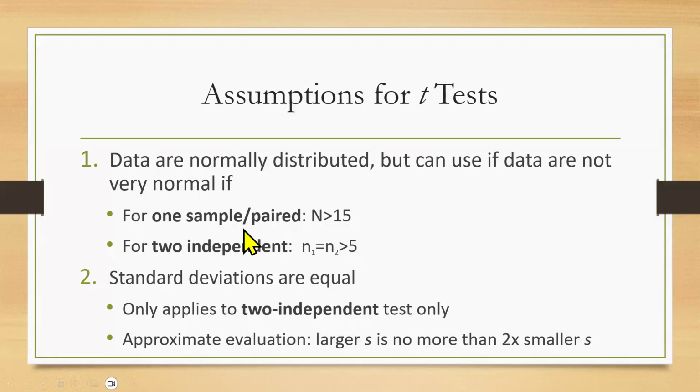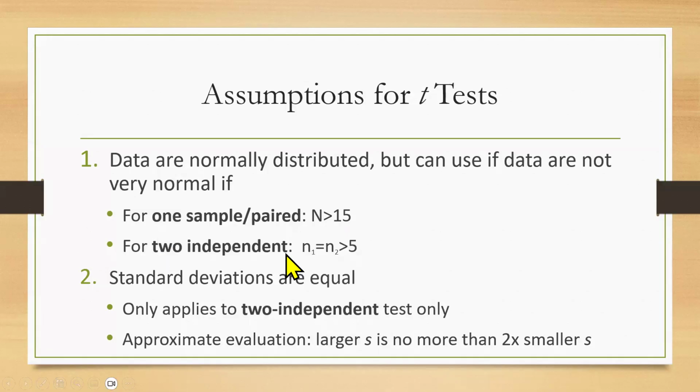So for the one sample and the paired t-test, if our little n is greater than 15, it doesn't matter that much if the data is normally distributed. They're going to be close enough to normally distributed. The t-test will work well. So larger sample sizes are better.